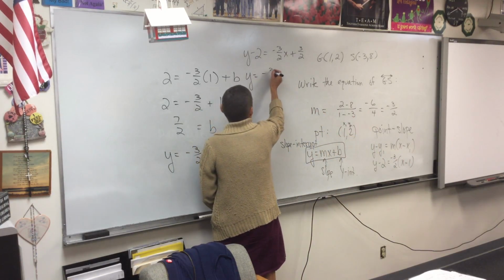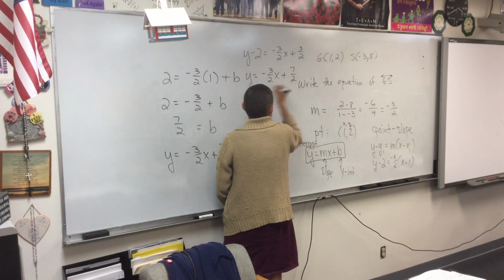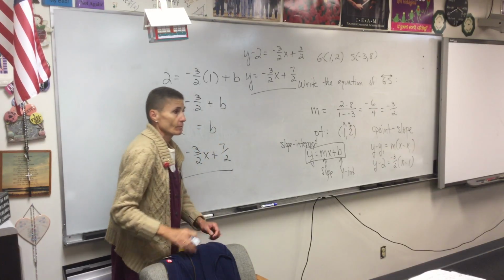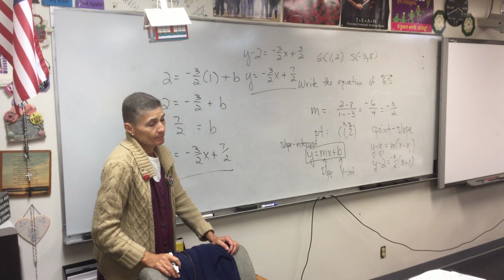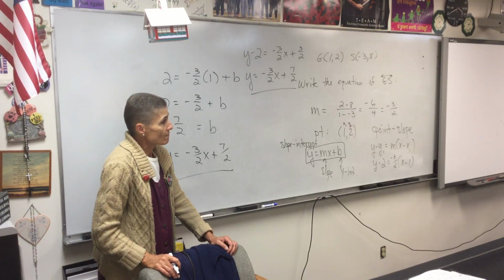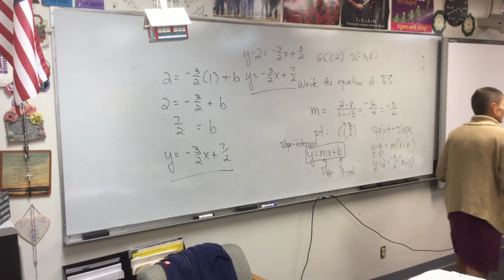And lo and behold, what happens when I add 2 over here? I get exactly the same equation. We'll practice another one of those obviously next time we're together. So someone be in charge of reminding me that's what we're going to start with. Okay?